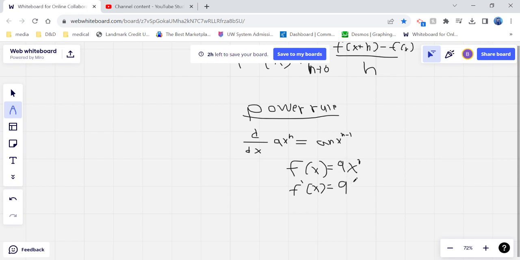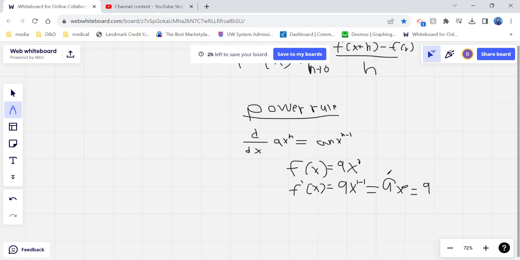This time the 9 stays through, much like how a stayed through there. 9 and a are the coefficients of x, but then we multiply by x to the original power minus 1, right? We end up getting 9 times x to the 0. Well, we know that any value to the power of 0 is 1. So we're just left with 9.